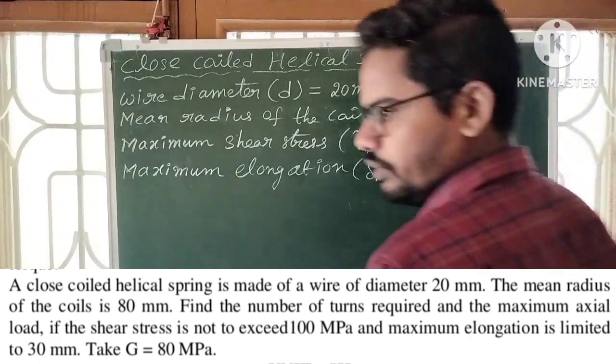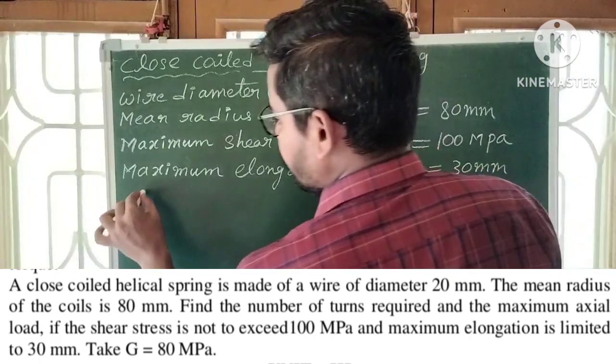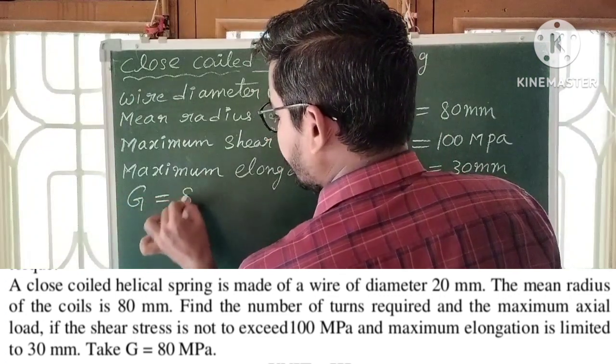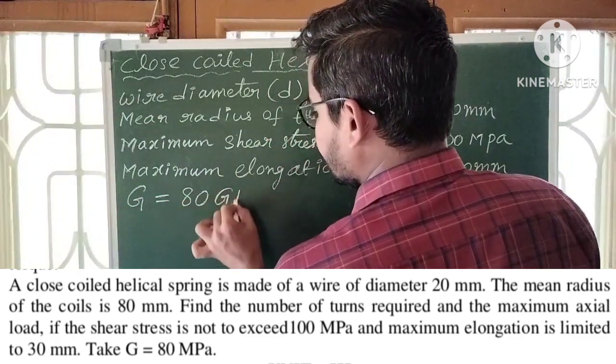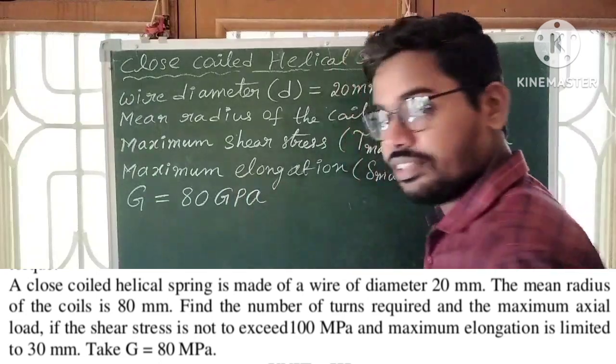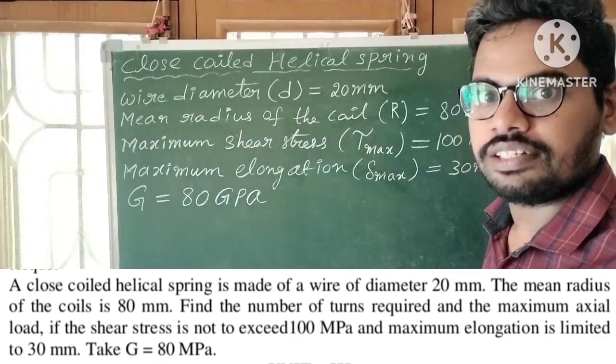Take G is equal to 80 GPa. Given wrong unit, please consider GPa, otherwise you will get wrong answer. You won't get a number of turns.